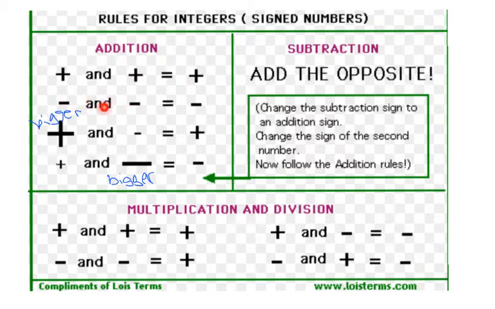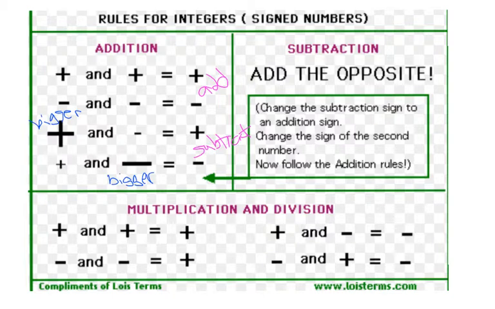If they're both negative, you add and your answer is negative. If you have a positive number and a negative number, and the bigger one is positive, you subtract those numbers and the answer is positive. And the same if the negative number is bigger: you subtract those, and your answer is negative.